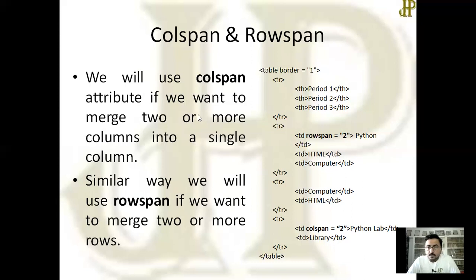Here in the example, you can see that I have given in this table data TD the attribute rowspan equal to 2. So what am I going to try?